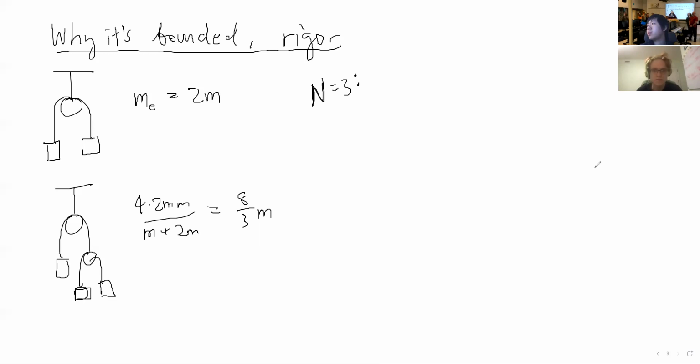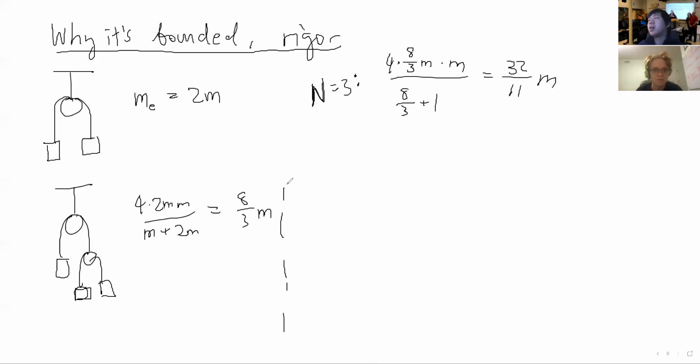It shouldn't be m squared, it shouldn't be m cubed. It should just be like 16. Oh, that doesn't look right. I'll do it myself. Yeah, that looks right. It's like 32 over 11 times m, right? So just from these, we see that it's tending towards 3, my bad. But how do we know that it actually tends towards 3?